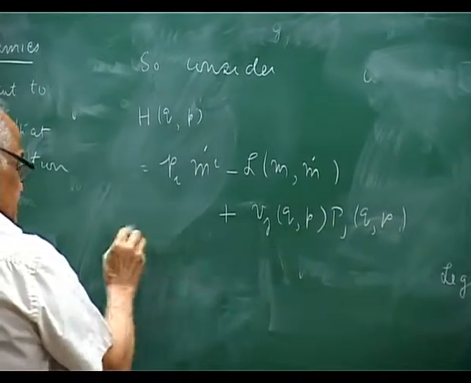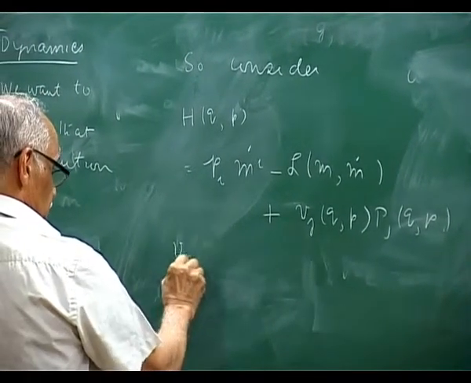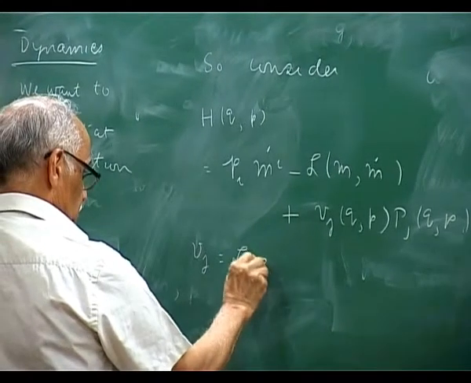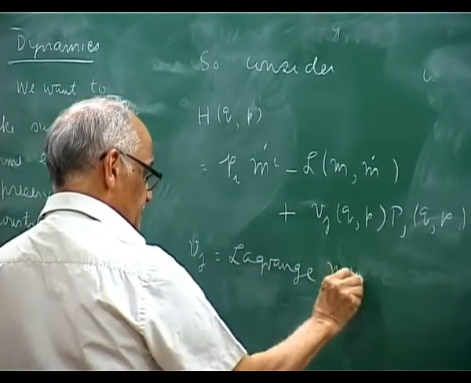We note Vj is a Lagrange multiplier. I won't do the full analysis, but it is easy to see.